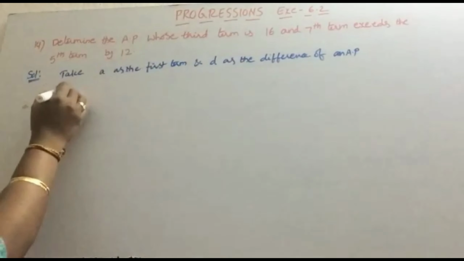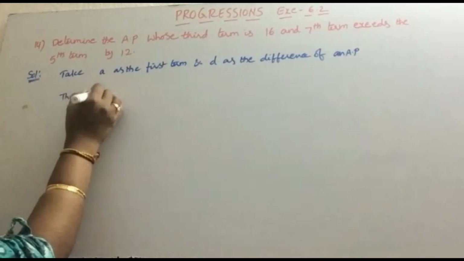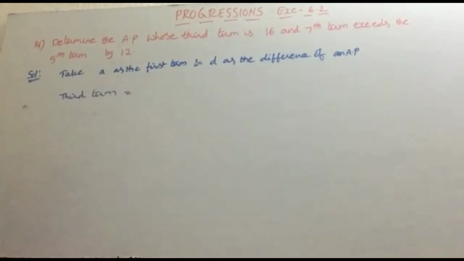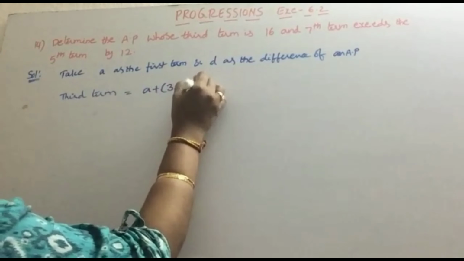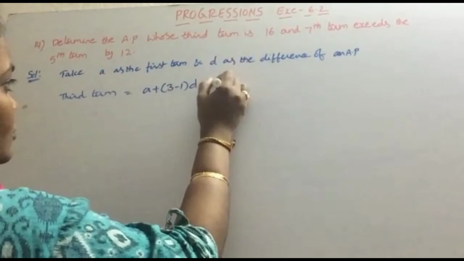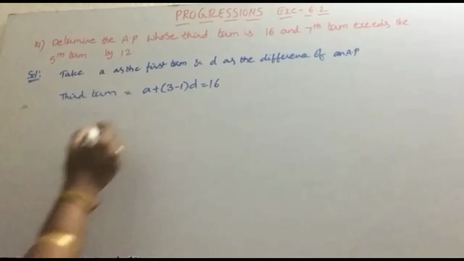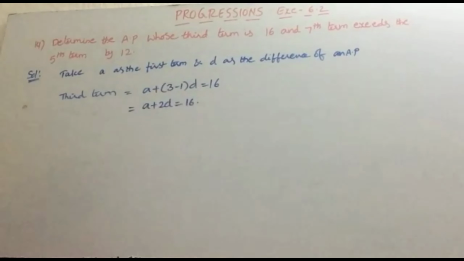Then the third term is equal to A plus 3 minus 1 into D. They gave A plus 3 minus 1 into D is equal to 16. So A plus 2D is equal to 16.